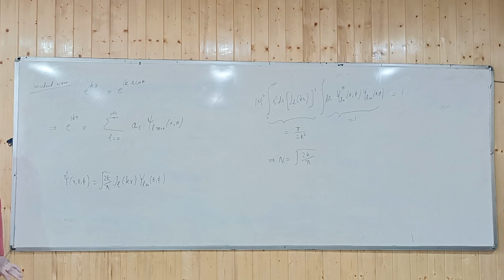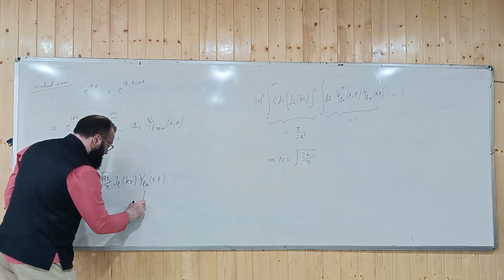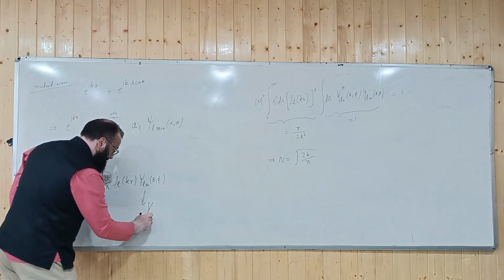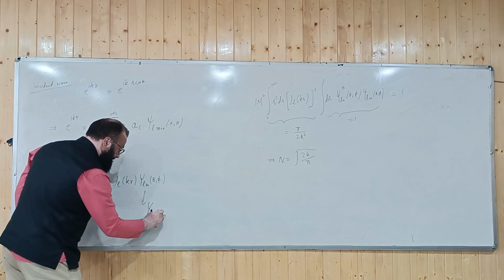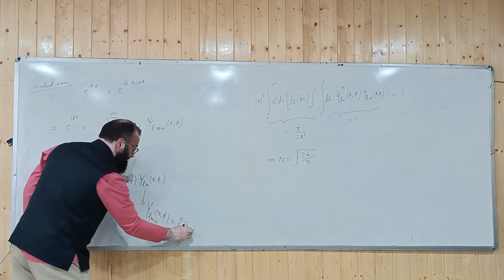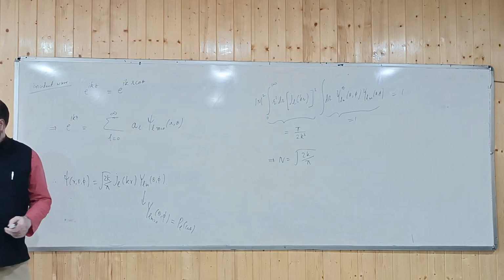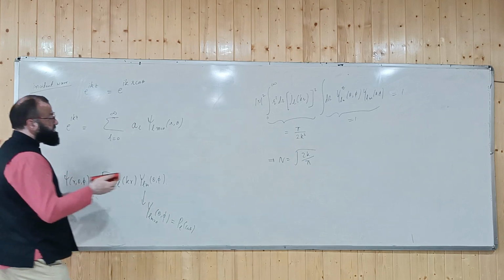Got it? When I put m equal to 0, theta, phi, what does that mean? That is simply P_L cosine theta. That's only the Legendre polynomials. Got it? So in other words, I can write it.